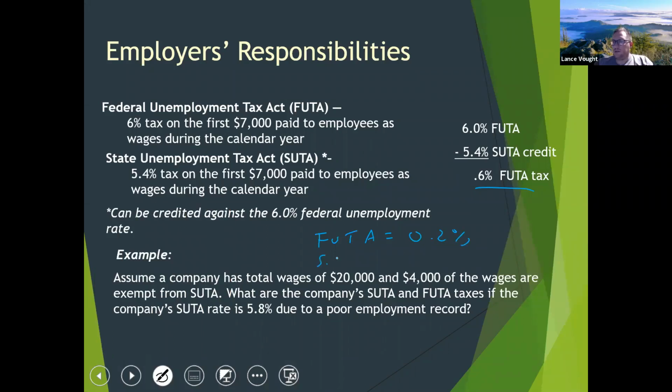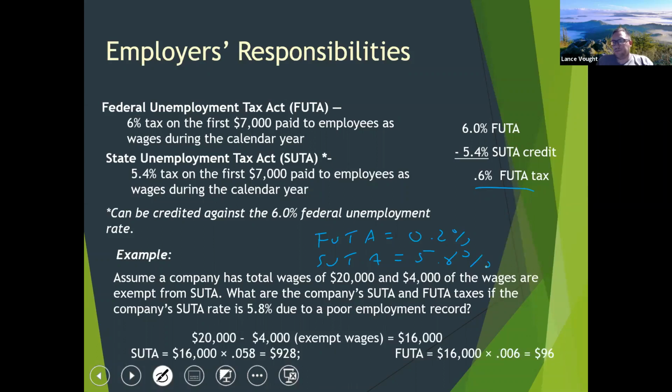And the state rate is 5.8%. So if they have to pay 5.8% on the first seven, 16,000 of that is liable because they had 4,000 exempt wages.